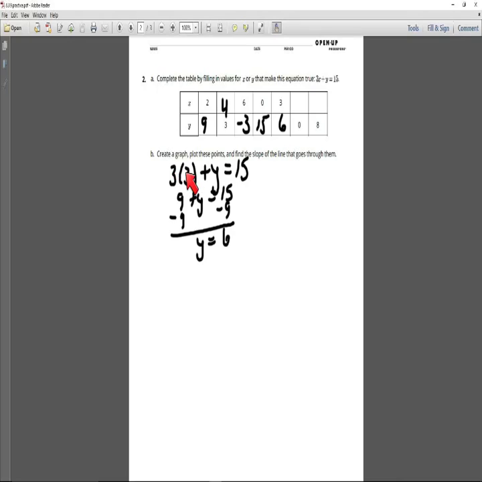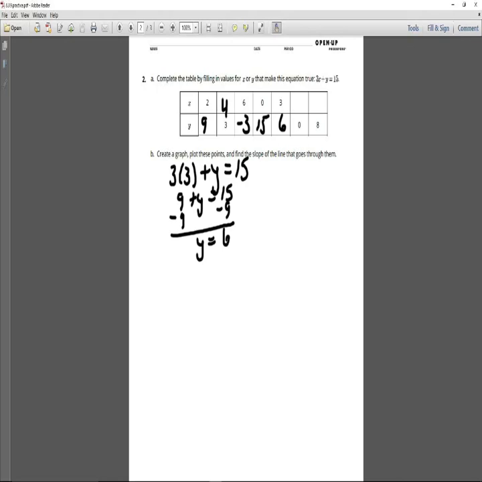This means to multiply. 3 times 3 is 9. So now I have the equation 9 plus y equals 15. I want the y to be by itself, but it has 9 with it, so I'll subtract 9 here and subtract 9 here, and y equals 6. And I can put a 6 there.